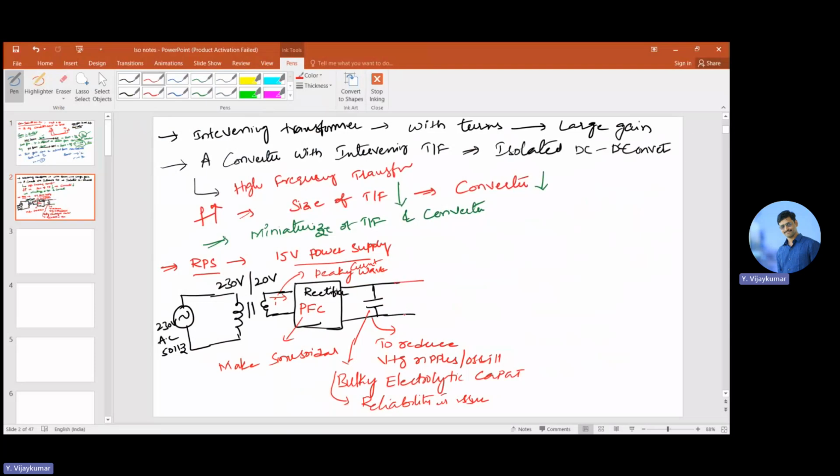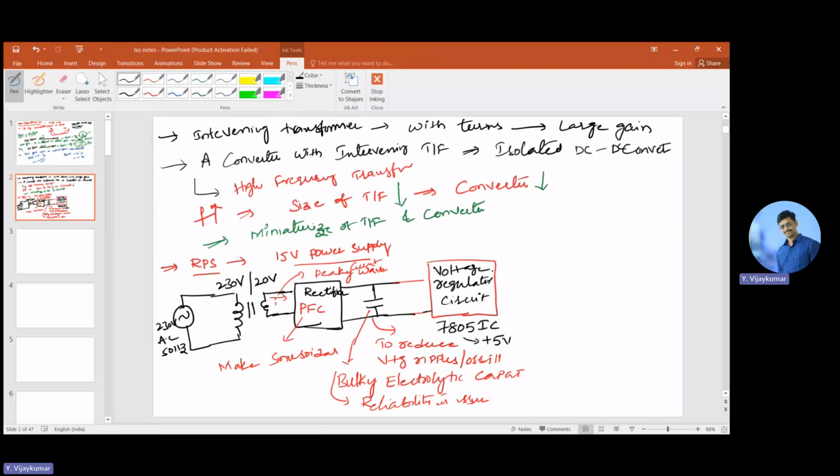Now whatever DC voltage we get here, we give to a voltage regulator circuit. In this voltage regulator circuit, we used to have a 7805 IC, which will have a plus 5 volts drop here.